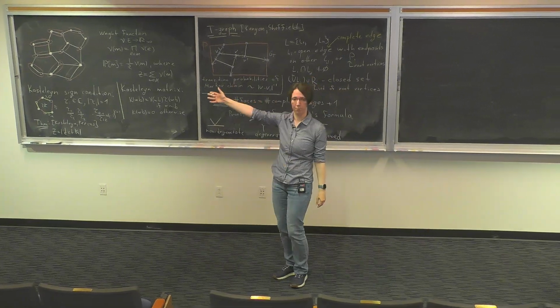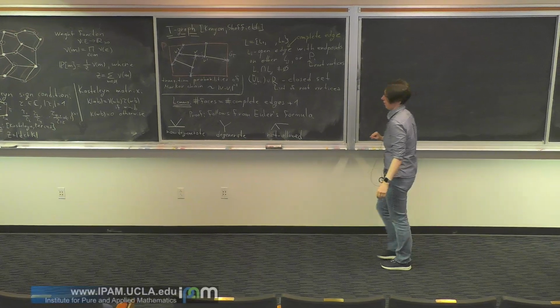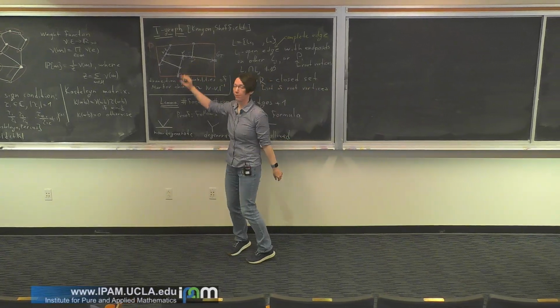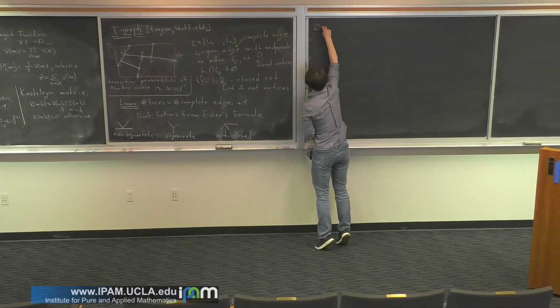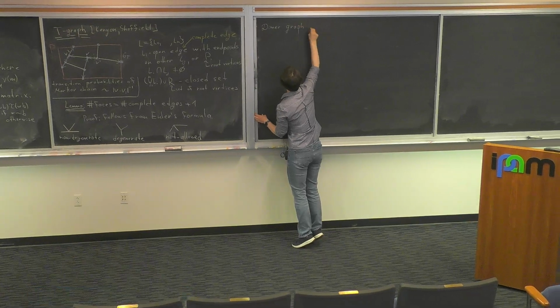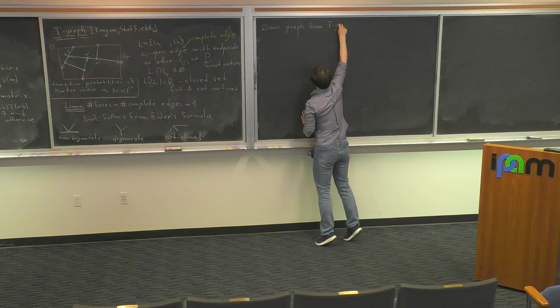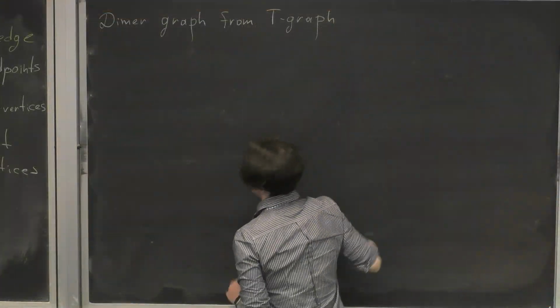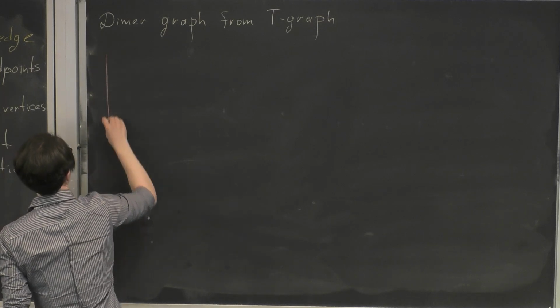All right. So now, how is this related to the dimer model? First, let us define a dimer graph starting from a T graph. Let me try to repeat this picture again.